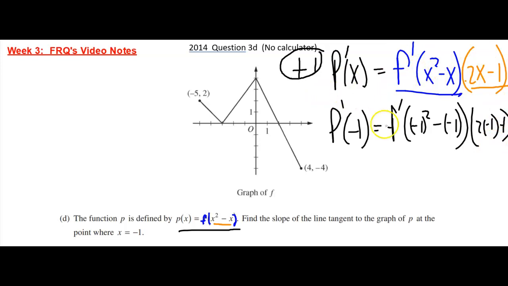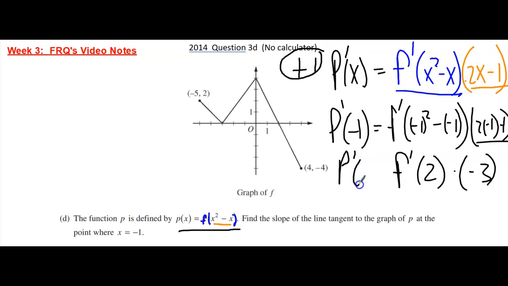So let's simplify it a little bit here. -1 squared is 1. Double negatives become positives. So I have 1 plus 1, which is 2. So I end up with f prime of 2 here. And then in this set over here, I've got -2 minus 1, which is -3. So right now, I have p prime of -1 is equal to f prime of 2 times -3.